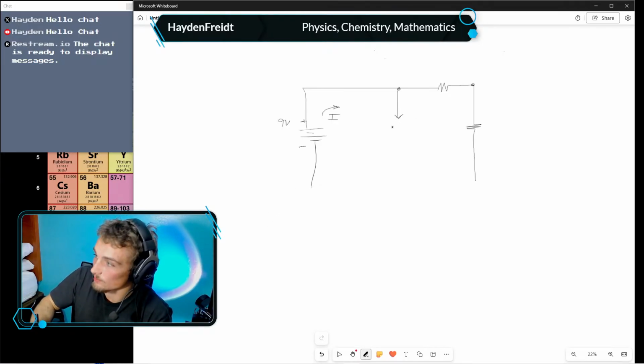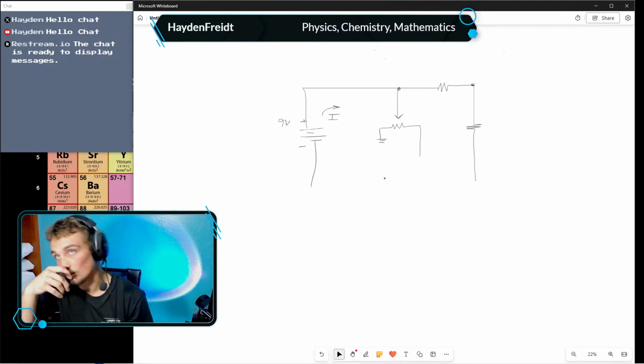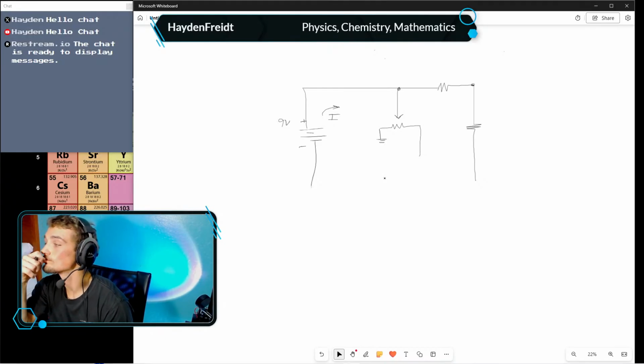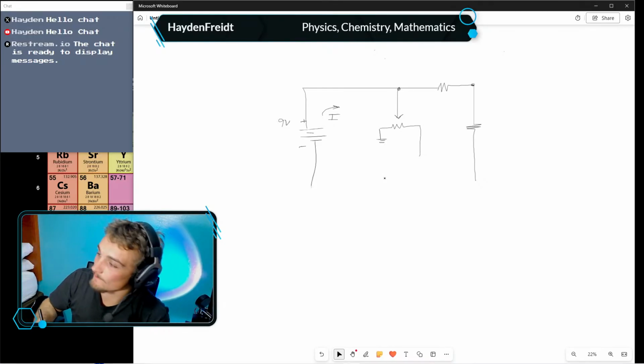So this is my supply. This is how the rest of the symbol looks. We'll just consider this to be ground. And then this is my output.